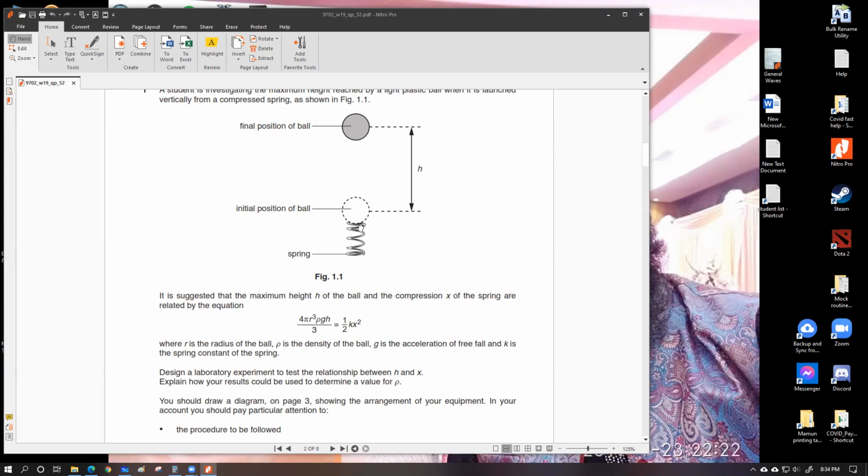And also the spring has to be of a suitable strength, so we have to be choosy about the spring itself first.